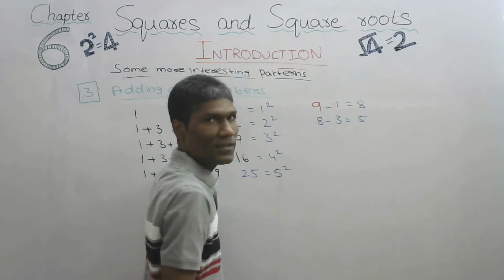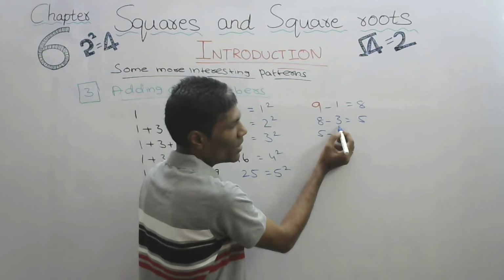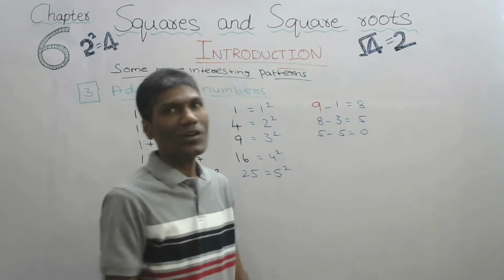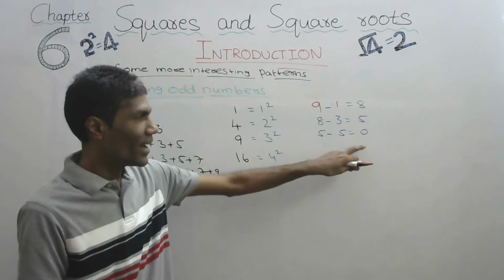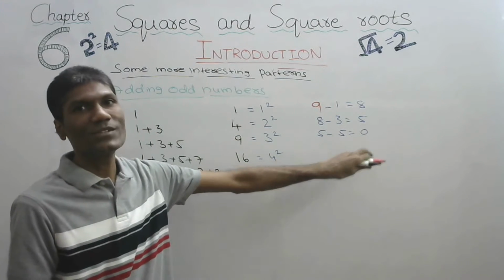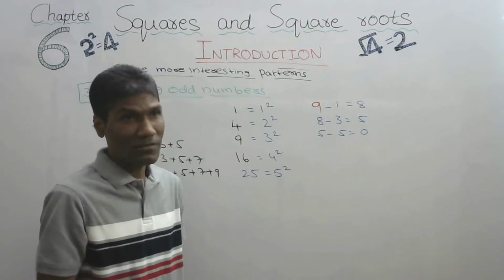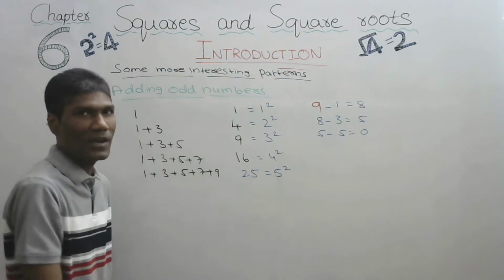You will get 5. From this 5, the next odd number, 5. We got 0. So if we go on subtracting, at last we will get 0. How many times? 3 calculations we have done. 3 square, isn't it?